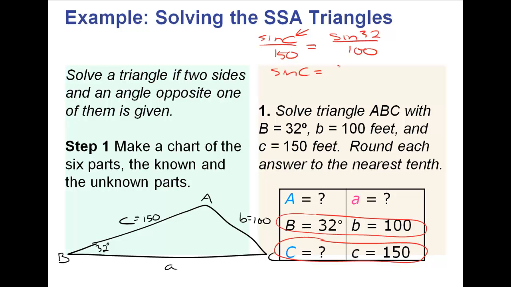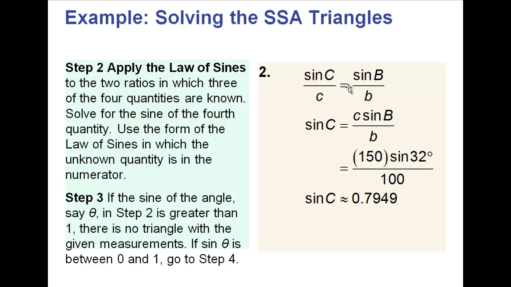Sine of C equals 150 sine of 32 over 100. This is going to give us a number. Just plug this all into our calculator, and then to find C, we're going to do inverse sine of whatever that number is, which is what we're doing here. And we get almost 0.8, 0.7949.